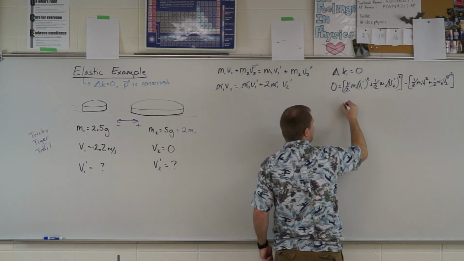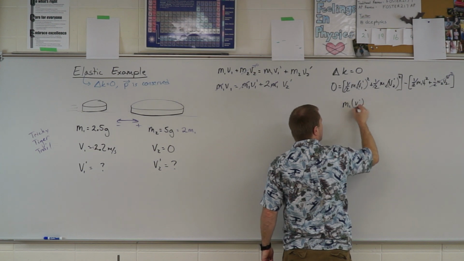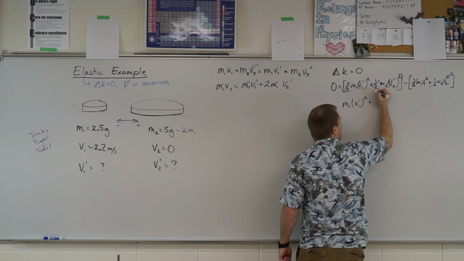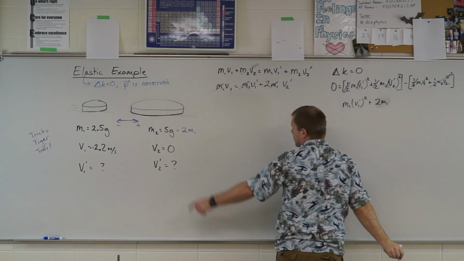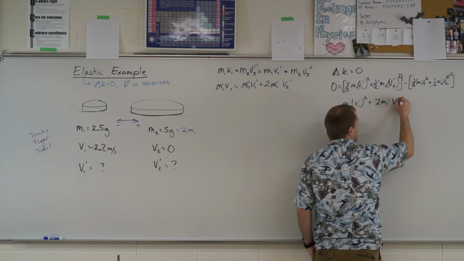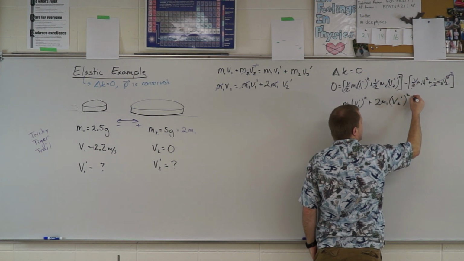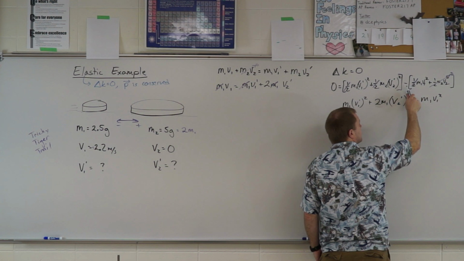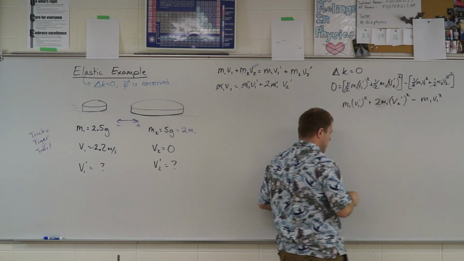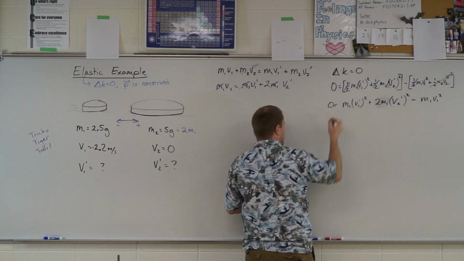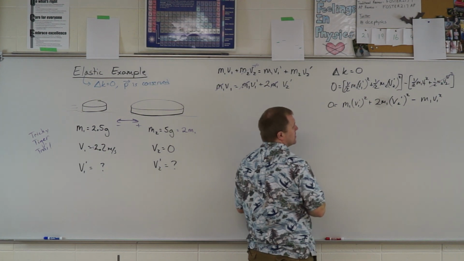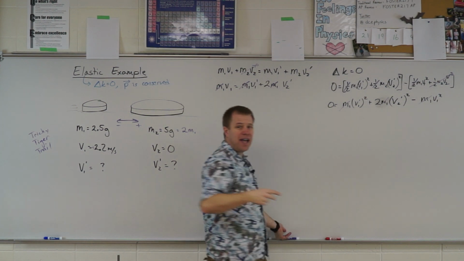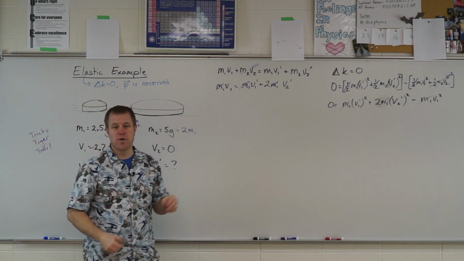And so my next step is m1 v1 prime squared plus, instead of m2 here, 2m1 using that tricky tiger trail, v2 prime squared minus m1 v1 squared. And remember, if you have two terms here, make sure you distribute that negative sign or keep the parentheses, equals 0. Just like the 1/2s cancel because there was one in every term, my m1s are going to cancel here. And so now I have two equations, two unknowns.